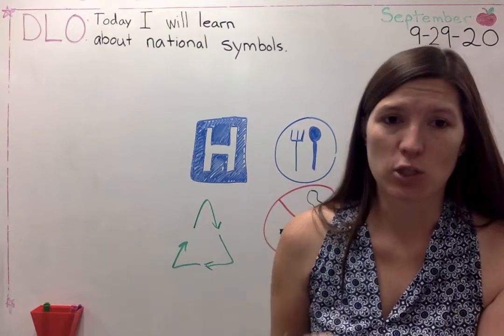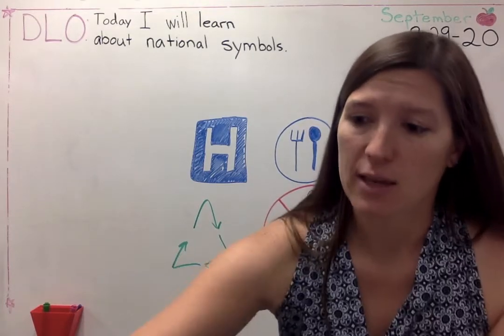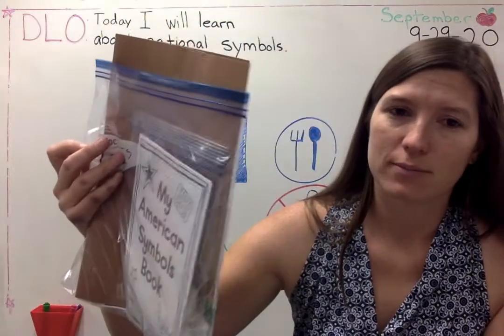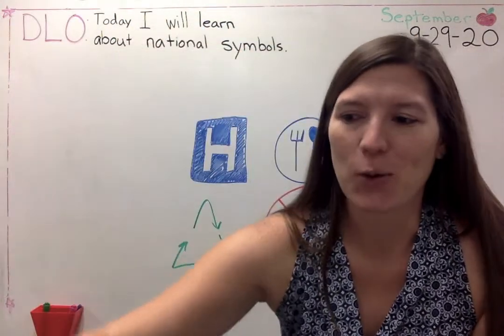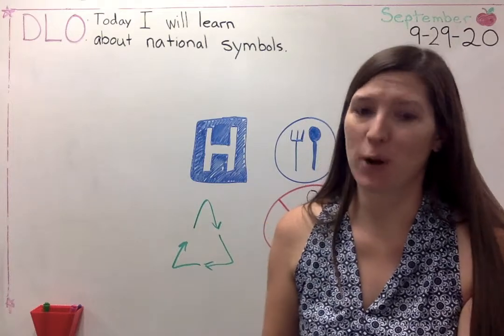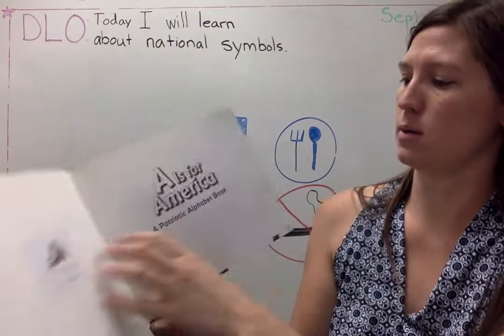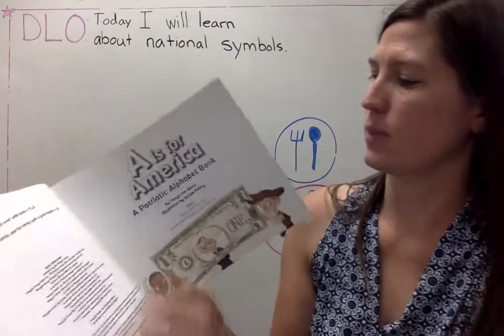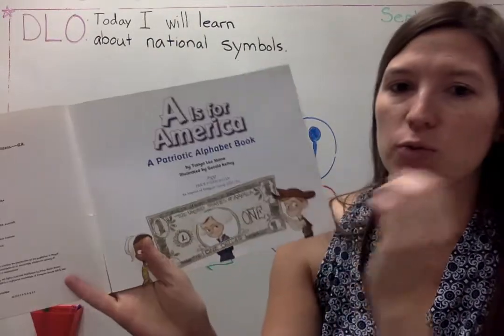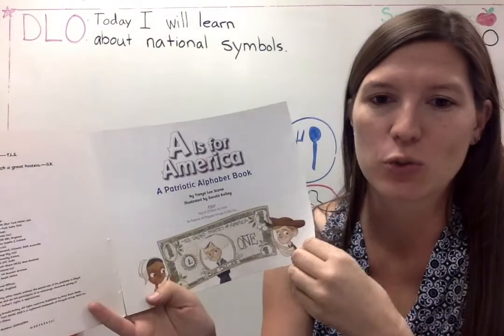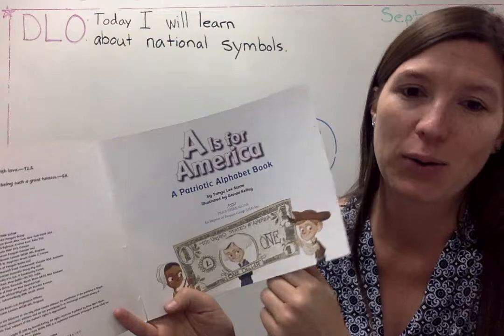Okay, let's read this book, and then tomorrow we'll do one of the activities that is in your gallon baggies that we sent home. So we'll get to do those starting tomorrow. Okay, A is for America. A is for America, and I like the pictures because it's kids, elementary kids acting out in a play.